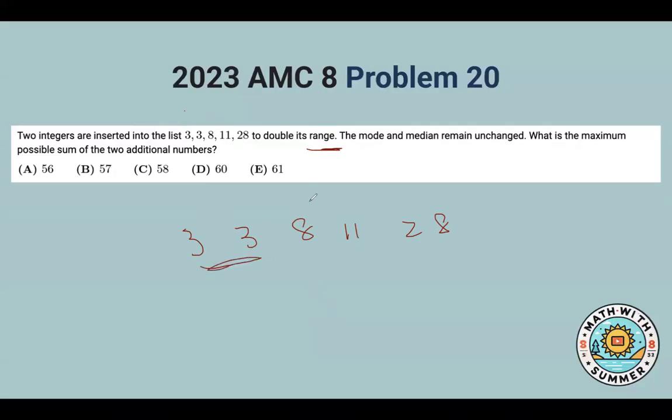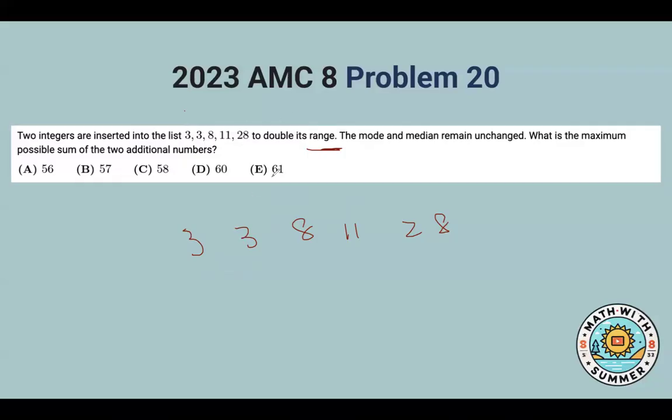So we want to make sure that we keep 3 and we don't add any numbers that are duplicates of each other, or else 3 wouldn't be the most frequent number in the set, right? Because if let's say we added another 8, then both 3 and 8 would be the mode, which wouldn't keep the mode unchanged. So right now we get what the concept is and what we have to do with this set.